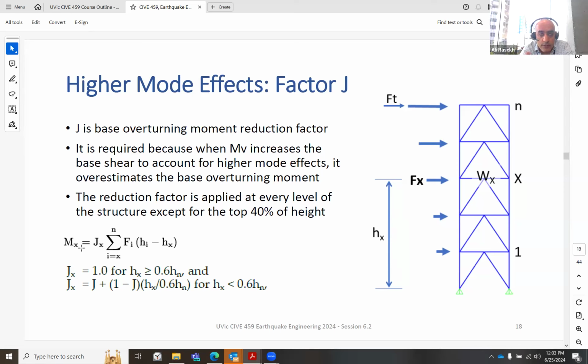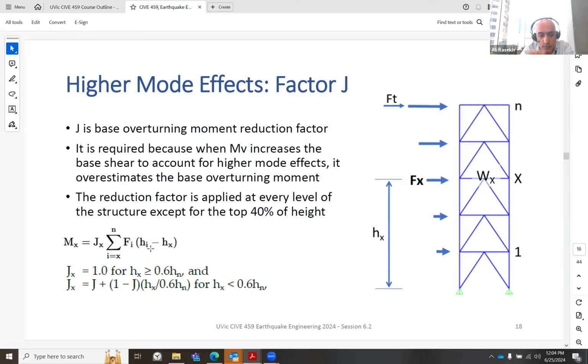So naively, or based on, say, your hand calculation, you expect the moment at the base, which will cause tension and compression at the base, to be the summation of forces multiplied by the corresponding height.